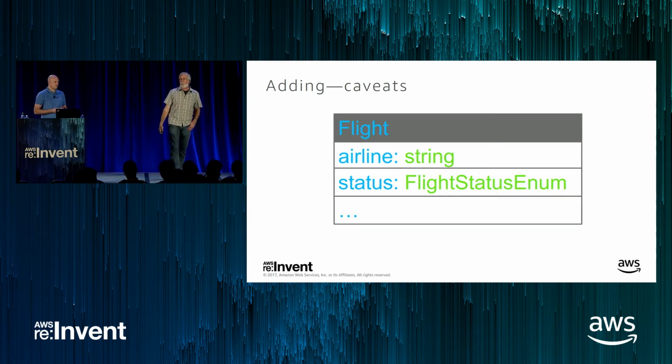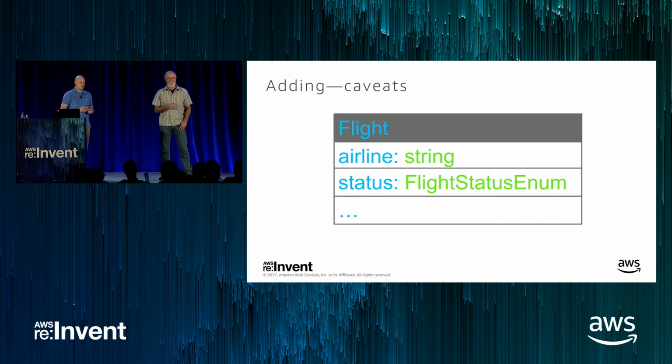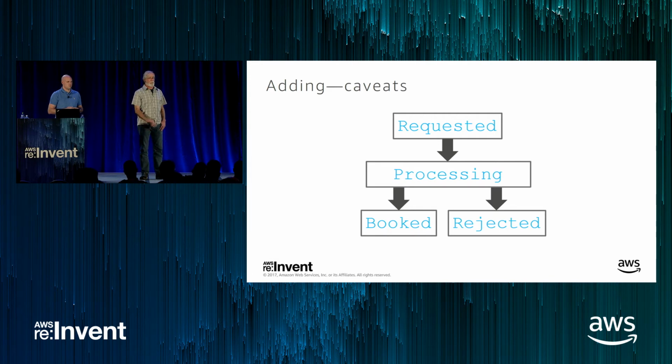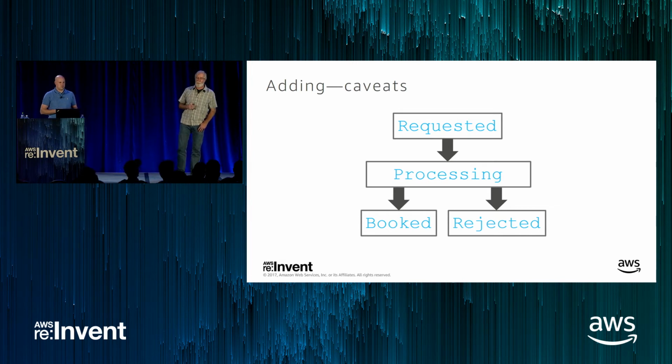Another kind of constraint on strings we call an enumeration, and that's simply the values that would be accepted as input. Here we have our flight, we have the airline, which is a string, and we have the status, which is a flight status enumeration. The enumeration will accept as input these four values. It starts as requested, it goes into processing, and will either become booked or rejected.